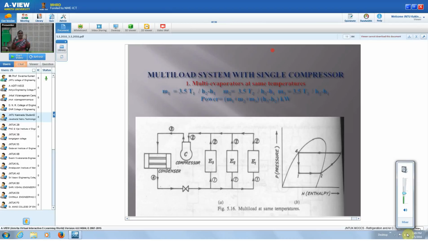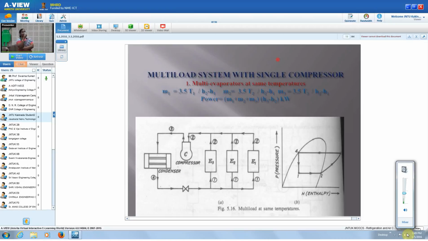But all the temperatures are the same in all the 3 evaporators. So this is the case of 3 different evaporators maintained at the same temperature. There is only one expansion valve, one condenser and one compressor. Whatever p-h diagram is shown is for an evaporator which is maintained at the same temperature.